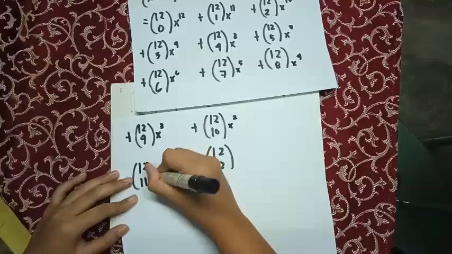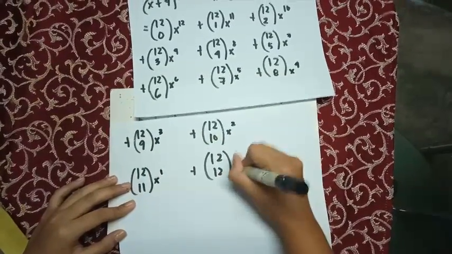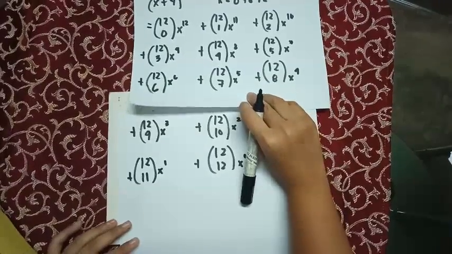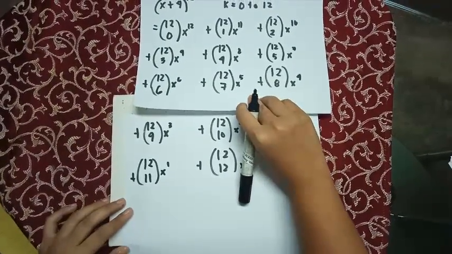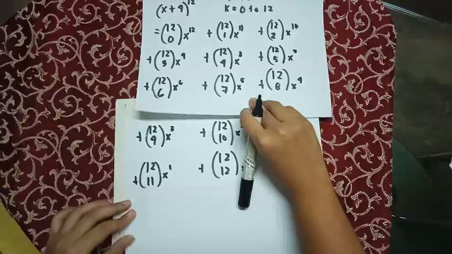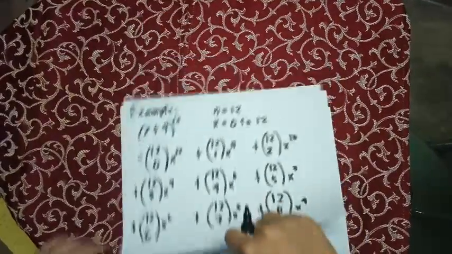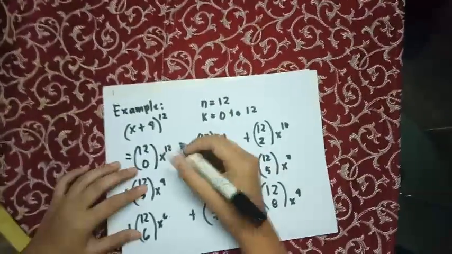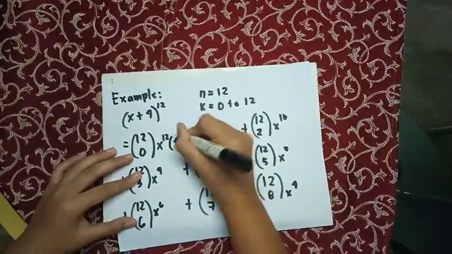So the next thing that we're going to do is put the value of b. So our b is 4. So from b raised to k, our b is always increasing.